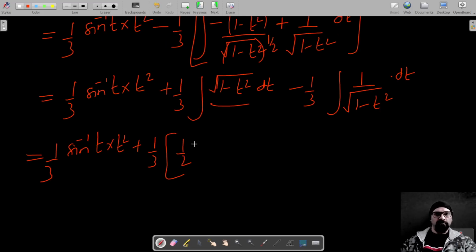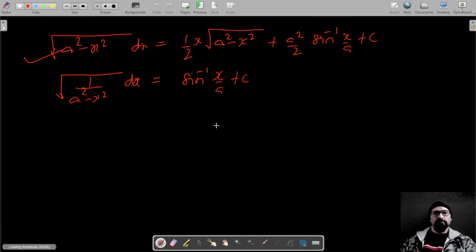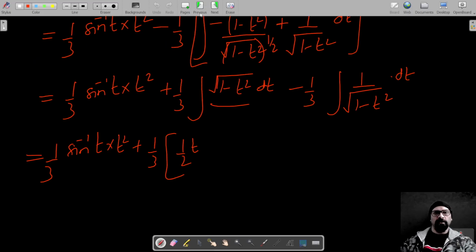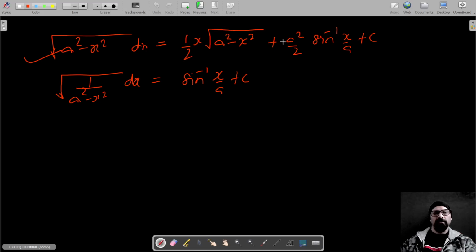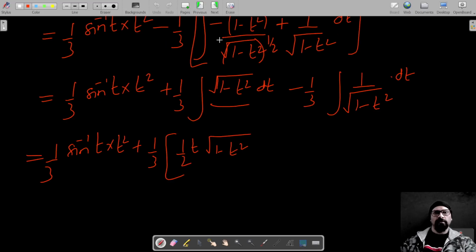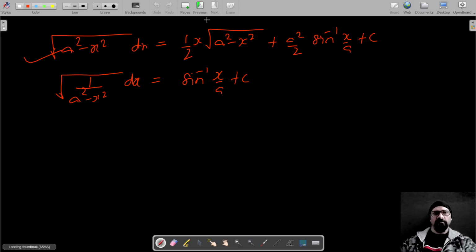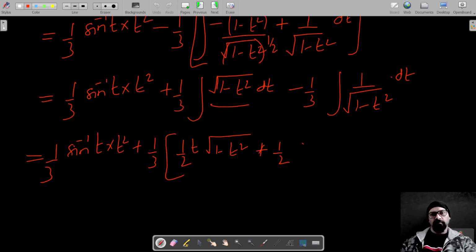So this is half into x, x is t, so this is t by 2 and 2, and it's plus a square by 2. So a square by 2, a is 1, then sine inverse x by a. So sine inverse x is t, a is 1, so t by a.